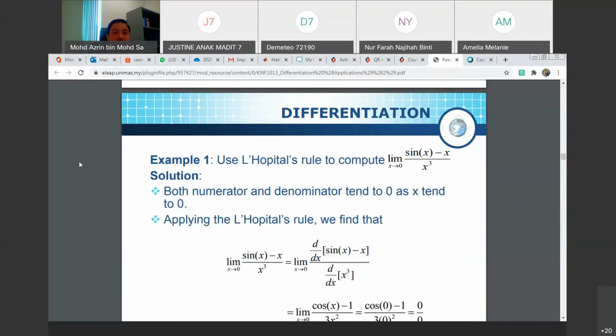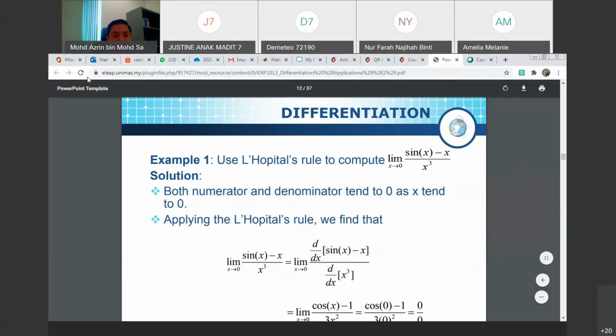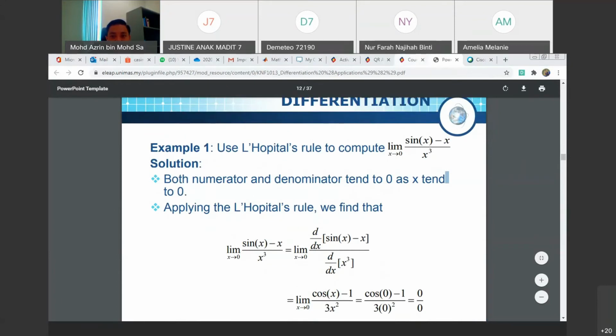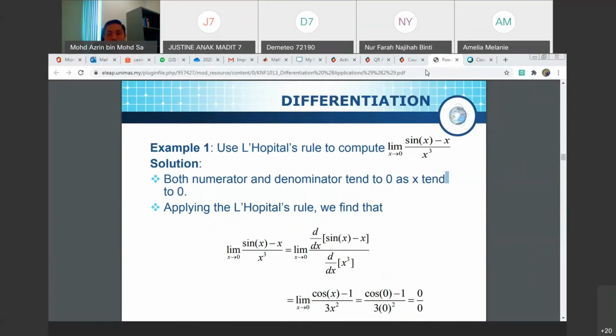Example, use L'Hopital's rule, okay, to compute this limit. So now you give to you this limit and you use this L'Hopital's rule.